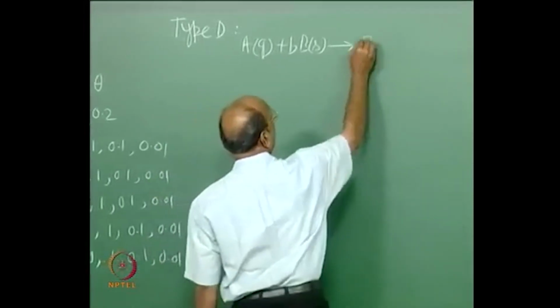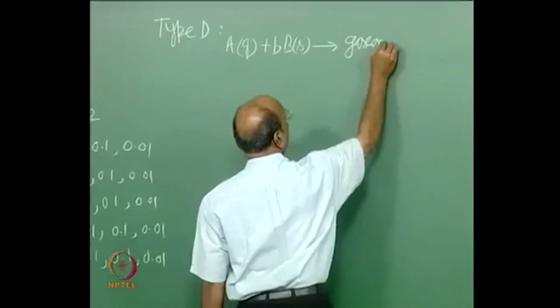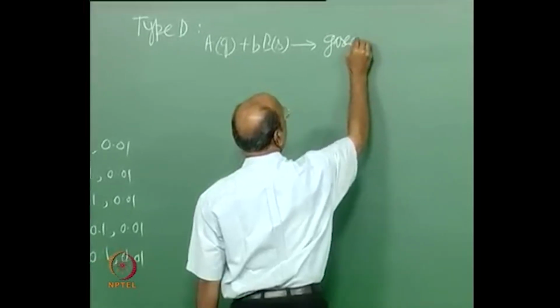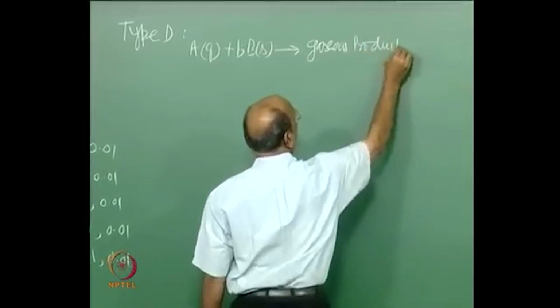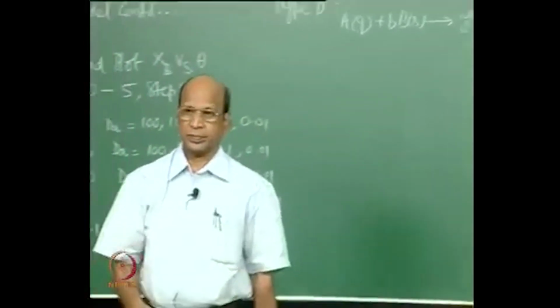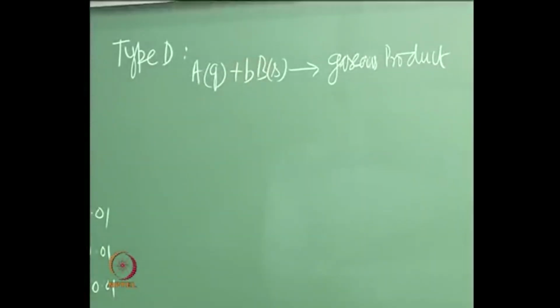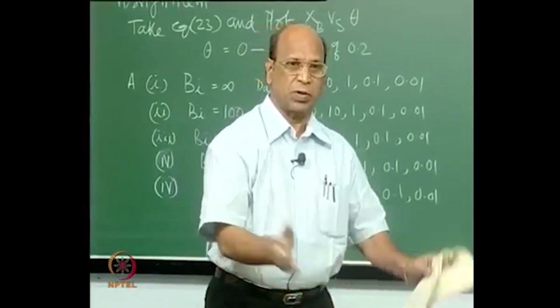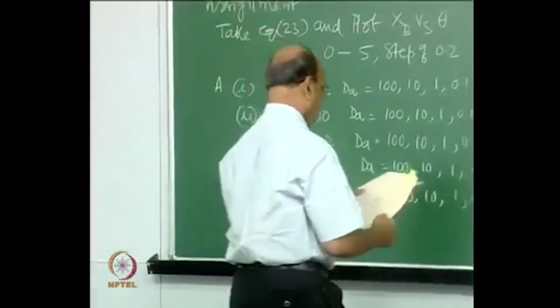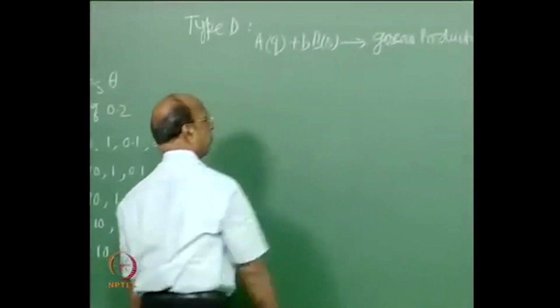What is the example? Combustion, gasification, there are very nice reactions where at the end you will not see any particle, everything will be disappearing. So, that is the one for that kind of reactions.